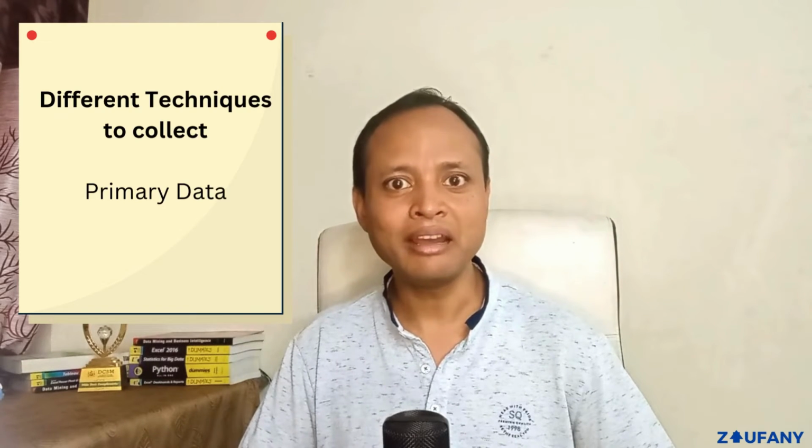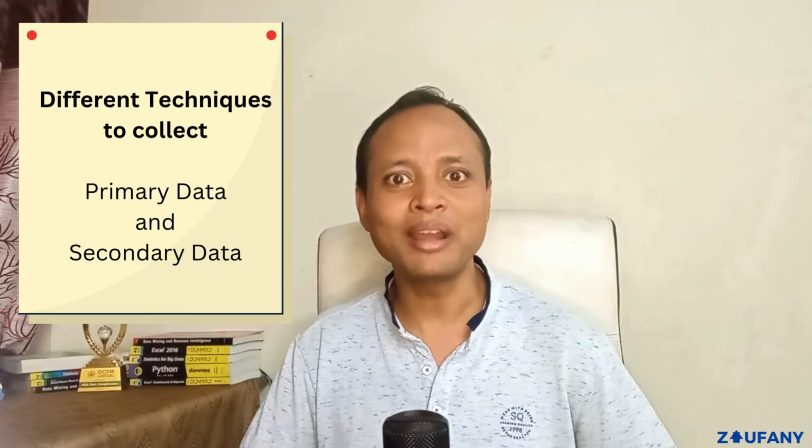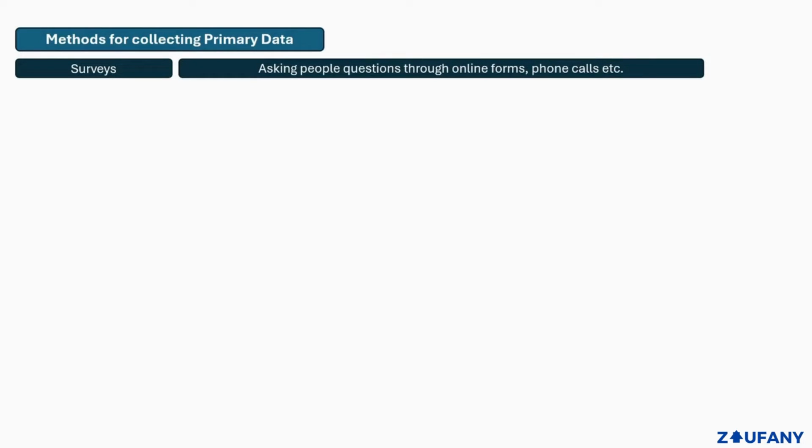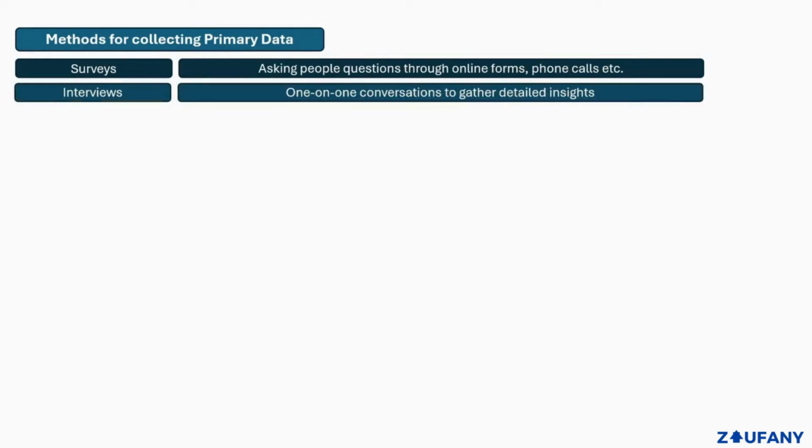Now that we understand primary and secondary data, let us explore how to collect these. Common methods for collecting primary data include surveys. This is asking people questions through online forms, phone calls, or in person. For example, running an online feedback form to understand customer satisfaction. Interviews.